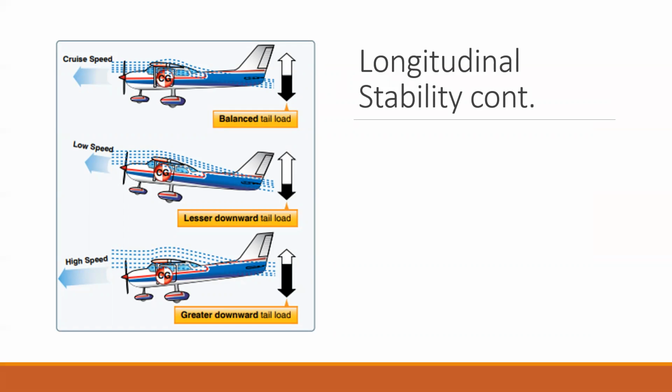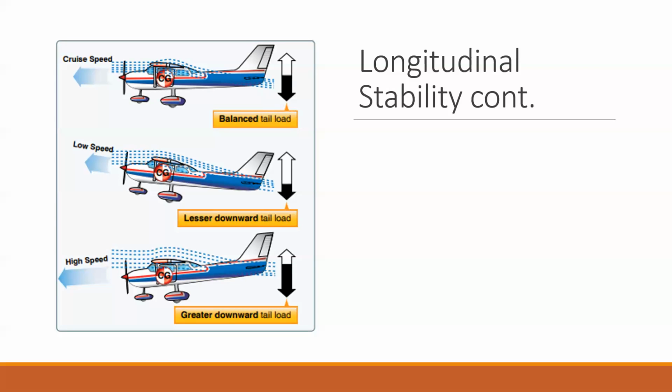So it stays in level flight, even though your center of lift is not right on your center of gravity. Then at a low airspeed, there's more downwash hitting this elevator. The aircraft is going to want to naturally pitch up, even though it's not flying as fast.